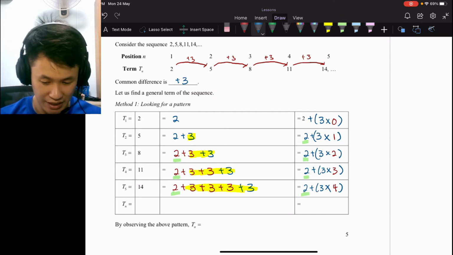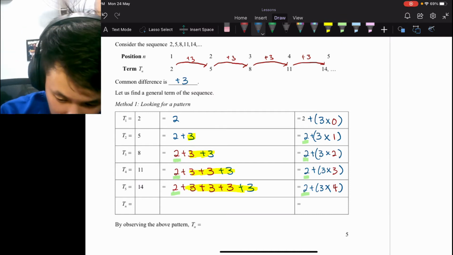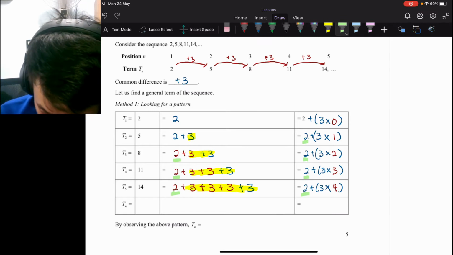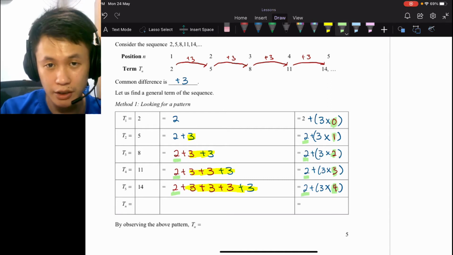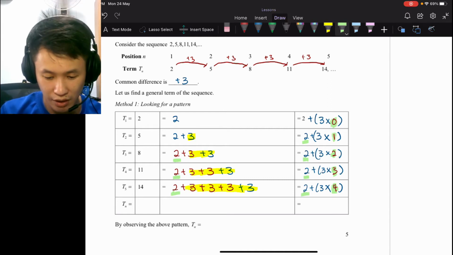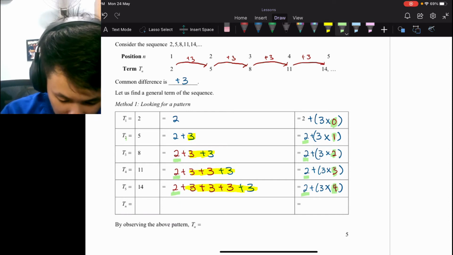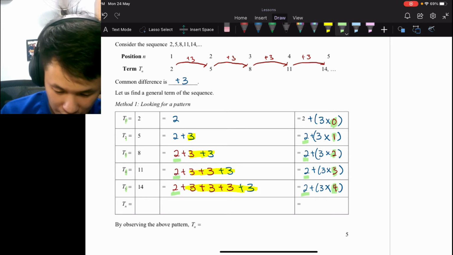But right here, we see a pattern. I'm going to connect what you see here. Can you see this is an increasing number in order, and this is always smaller than the position number? The position number here is 1.